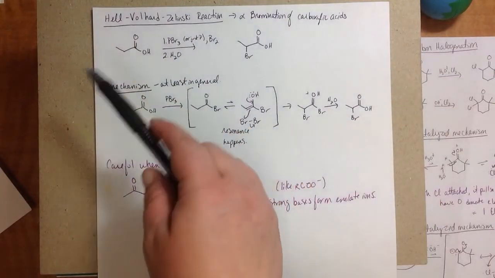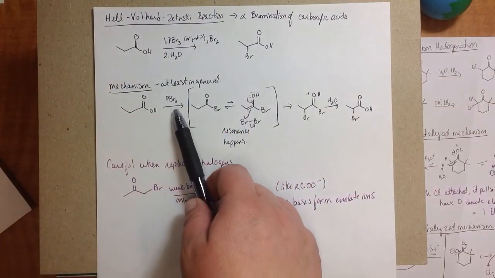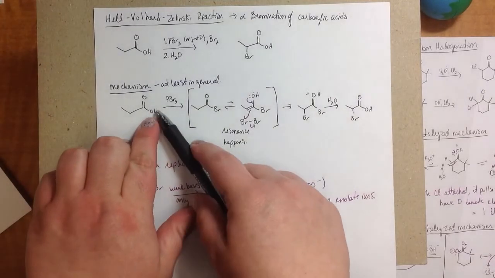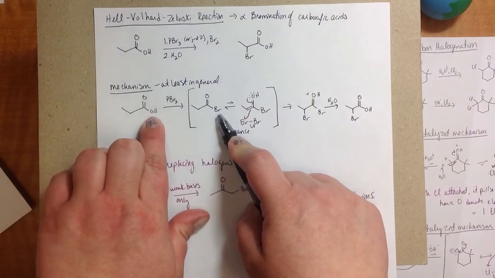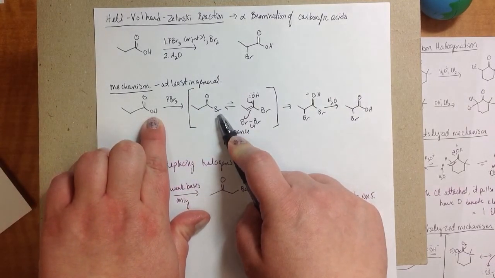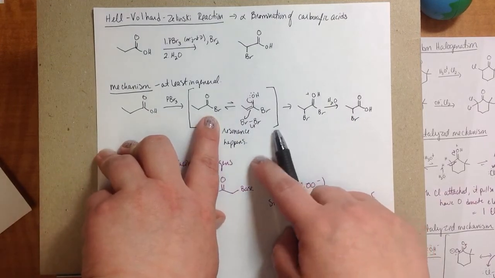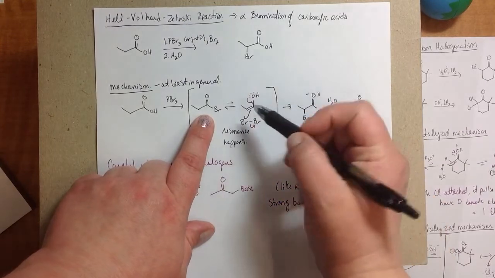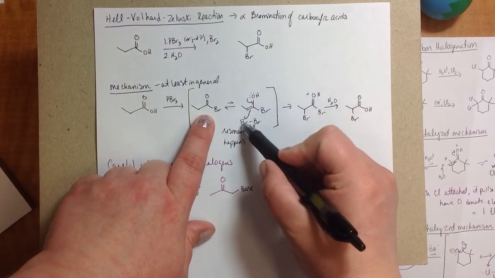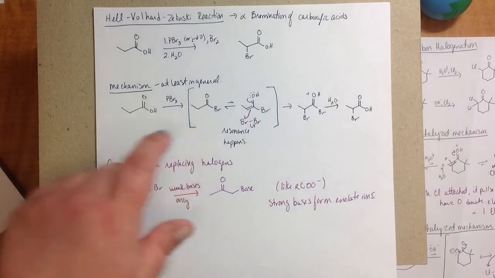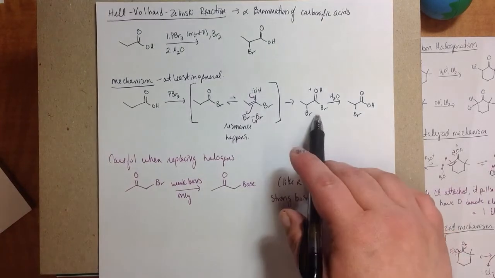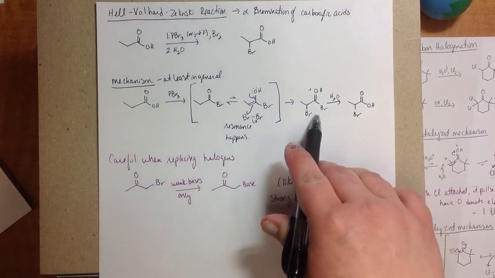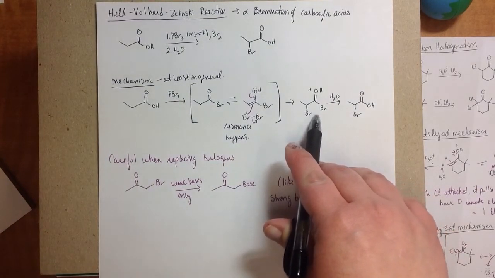Well, in a carboxylic acid with PBr3, you're right that OH gets replaced with that Br. Well, this guy can go through the enol form, right? And when it does, electrons come down and grab that bromine. Okay, it's kind of just like the last reaction. And you end up with this. That is kind of nasty looking, right?